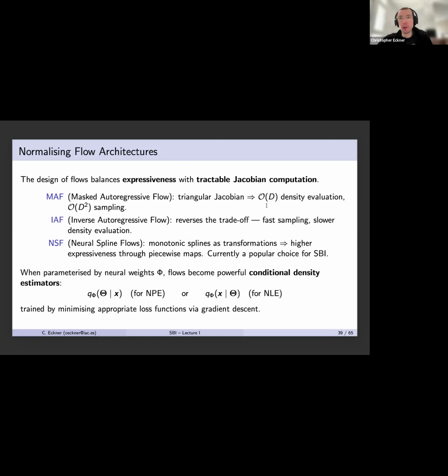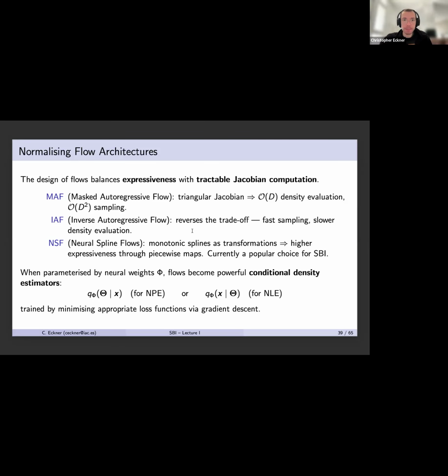And then there are neural spline flows, which is currently the standard for neural posterior estimation, which is a bit different from the first two because here they use monotonic splines as transformations, while the first two generally only use affine transformations. Well, affine transformations are, simply put, linear transformations, many of them, and even many of them can give you some nonlinear output.